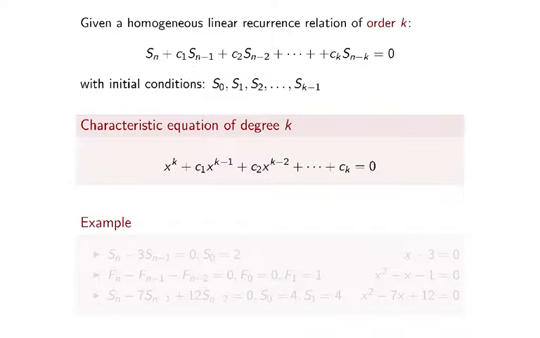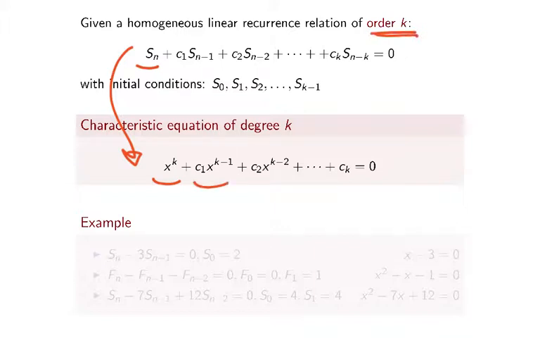In other words, each of the Sn's that we have in the recurrence, we are going to change by a power of x. The first one, that is always Sn, is going to be replaced by the power x to the k, where k is the order of the relation.